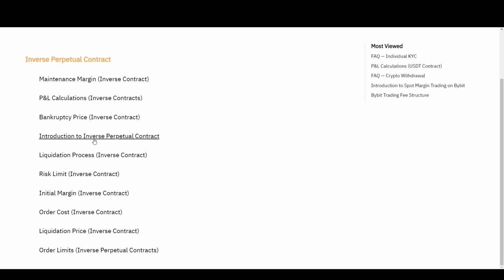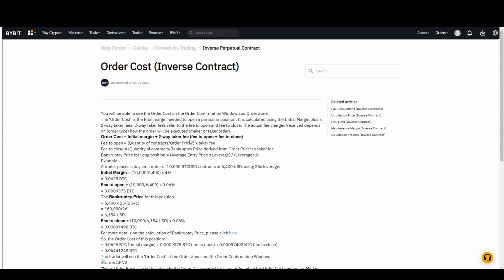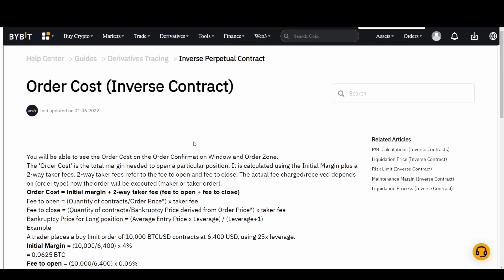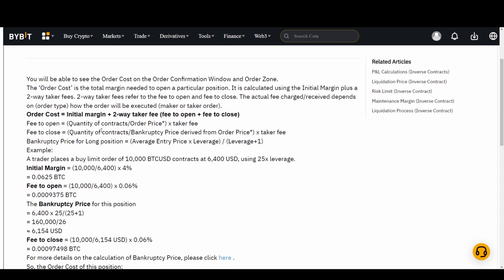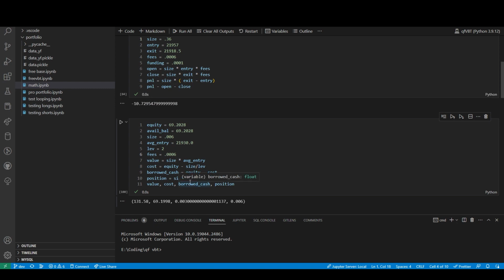Oh, wow. Tells you all this stuff. Oh, this is where the answers are. Order cost is initial margin plus two-way taker fee, fee to open, fee to close. So, let's come back over here. And the cost is initial margin. What?